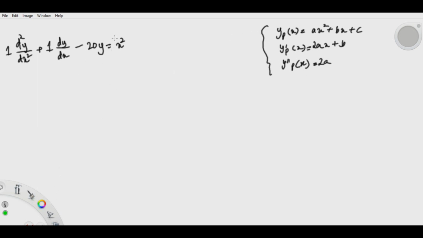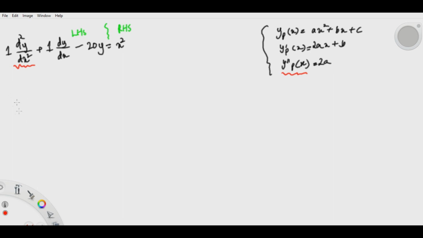We're calling this the left hand side of the equation and this the right hand side. This is notation for second differentiation, and so is this. So I'm going to replace d squared y over dx squared with 2a.